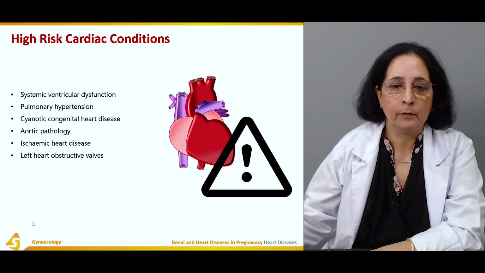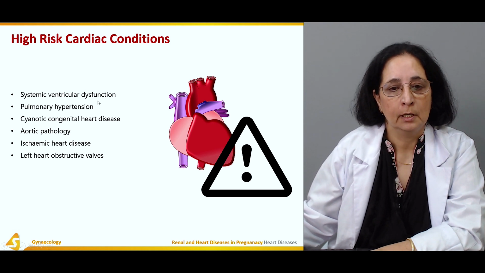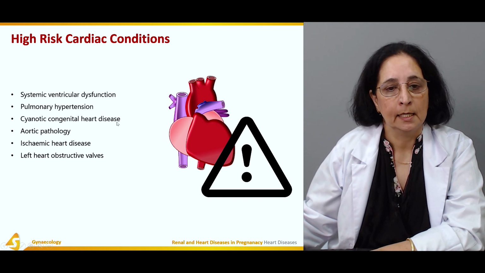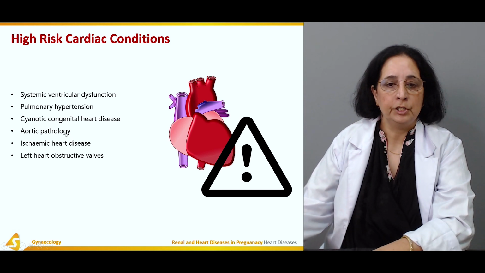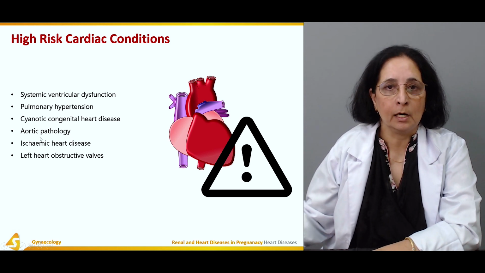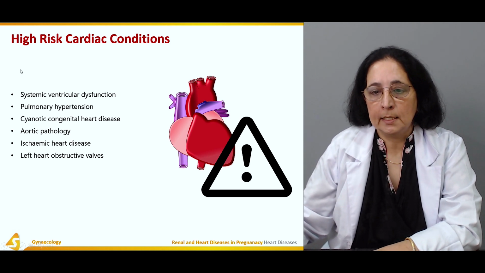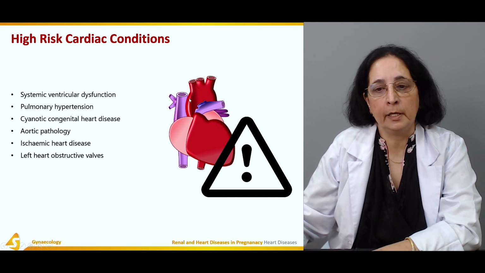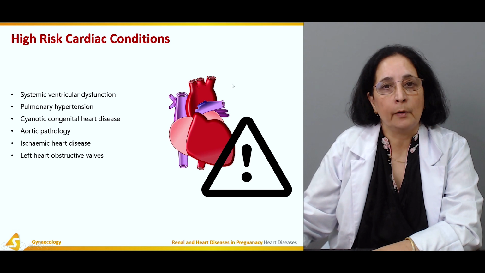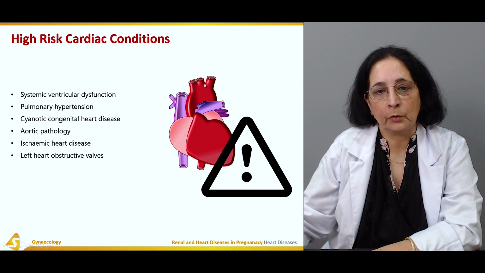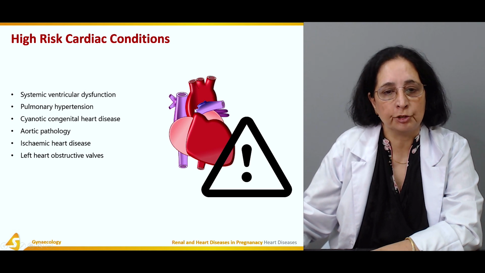Aortic pathology means any problem in the aorta. This is the aorta here, the largest artery in the body, which carries the blood from the heart to the body. Any abnormality of the aorta is also a high risk condition.